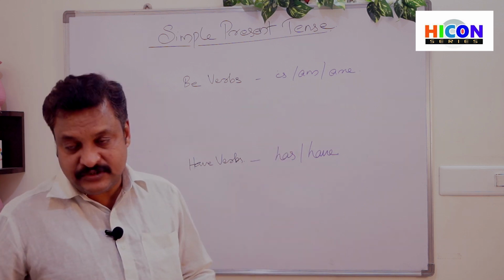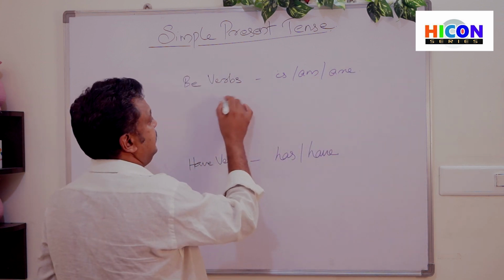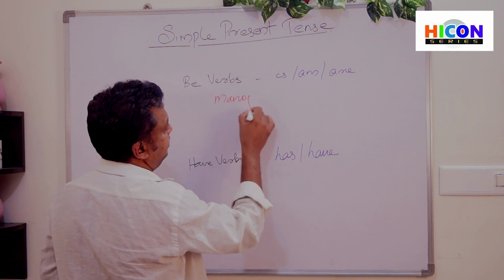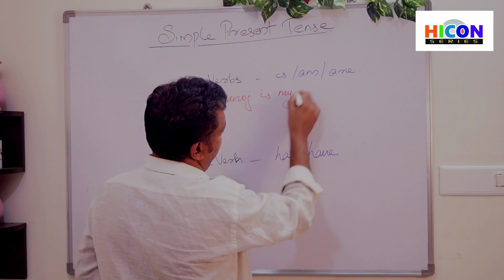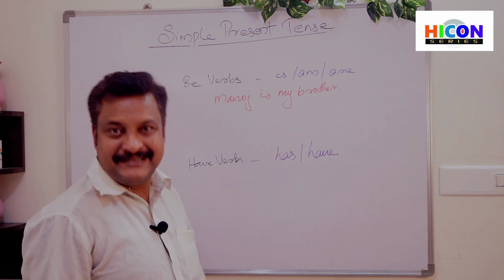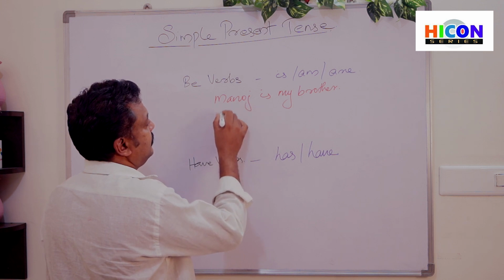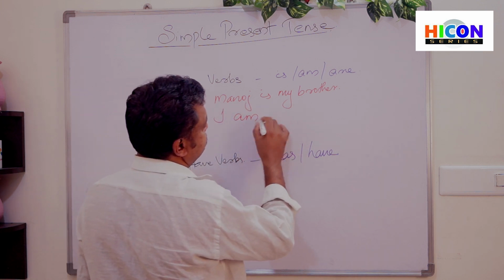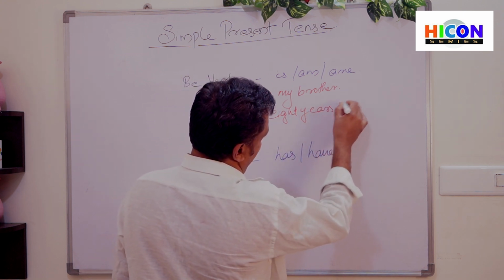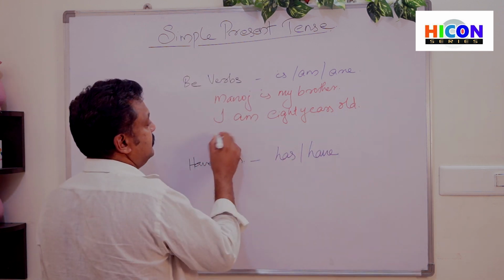Okay, and shall we write some examples using this? So for example, I say Manoj is my brother. Manoj is my brother. I am 8 years old. I am 8 years old.